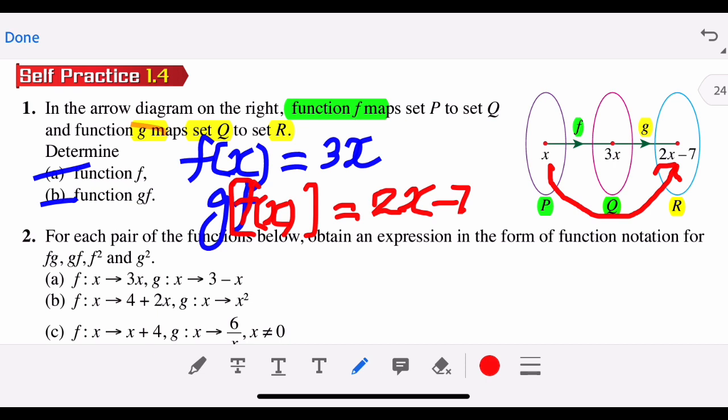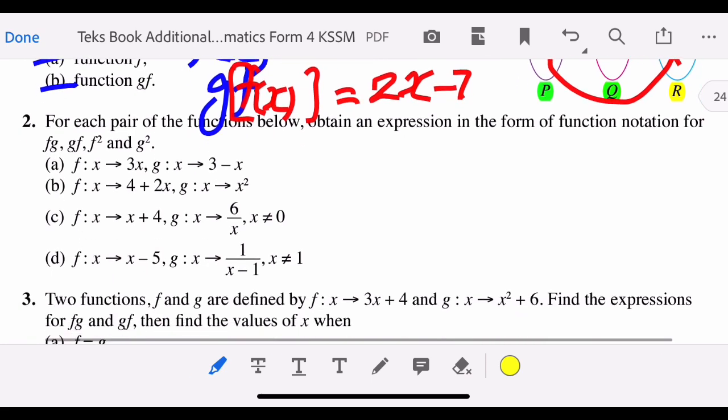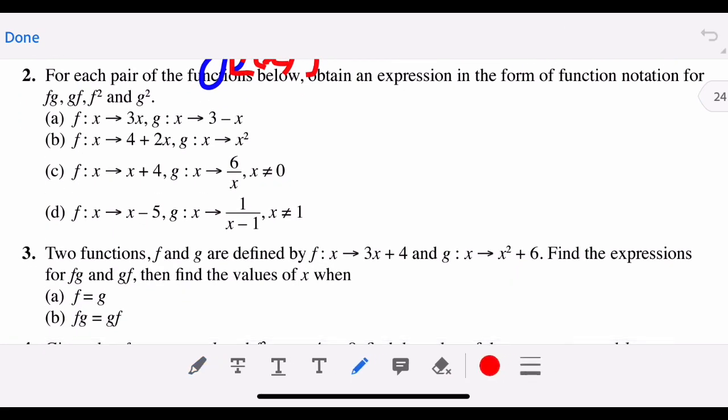Alright, so now I will discuss question number 2 in a faster way, because I think I taught this before for number 2a and 2d. So I'm going to discuss 2b, because a and d I discussed in my previous online class, but 2b I haven't discussed.